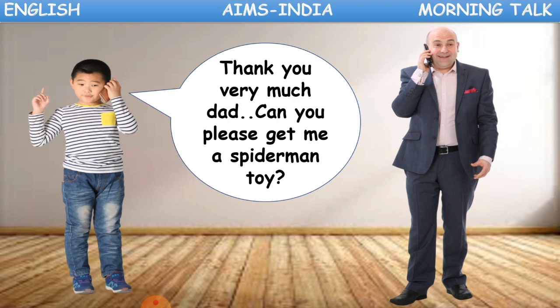Whatever you would like to have, any choice, like any particular toy or drawing books or pencils, color pencils, you can ask your dad like this. So, can you please get me that? Okay, children, here James is asking about a Spider-Man toy.